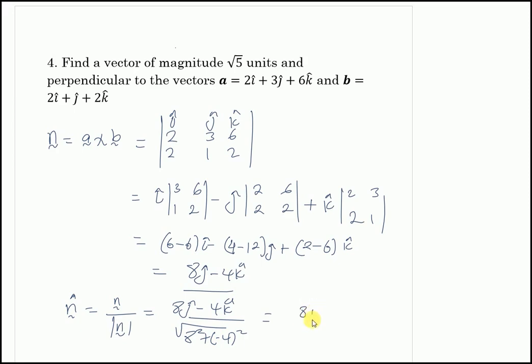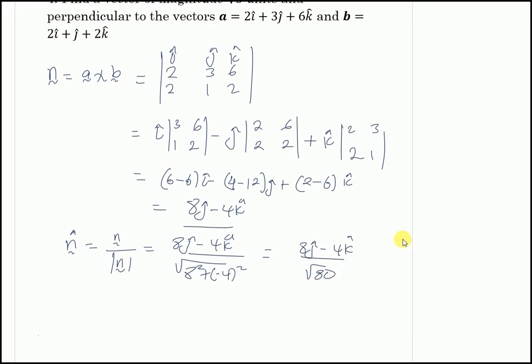The resulting thing is 8j minus 4k divided by square root of 80, which we can write as 8j minus 4k divided by 4 square root of 5. And this vector n cap you can reduce by 4. This is 2j minus k over root 5.